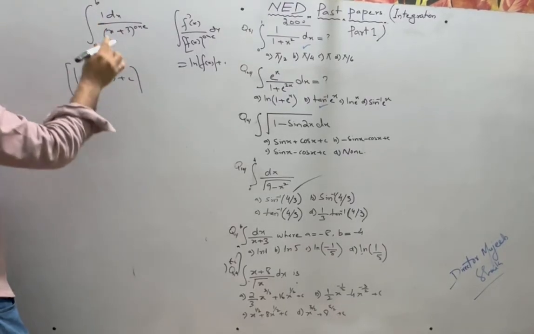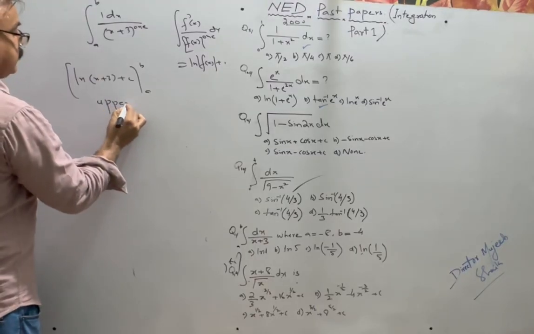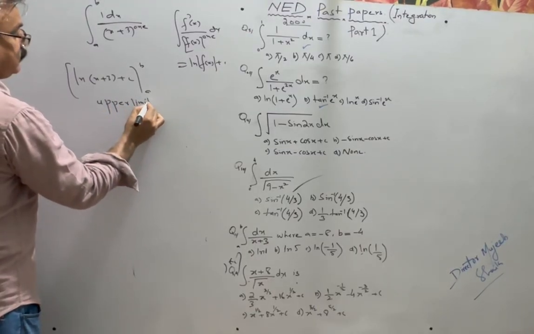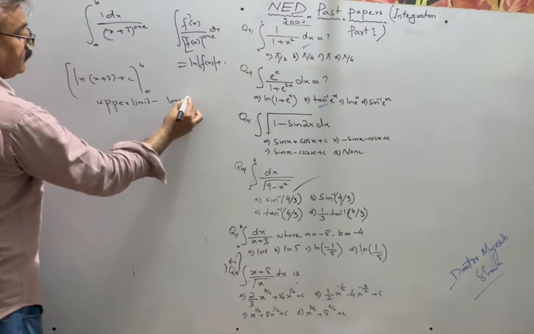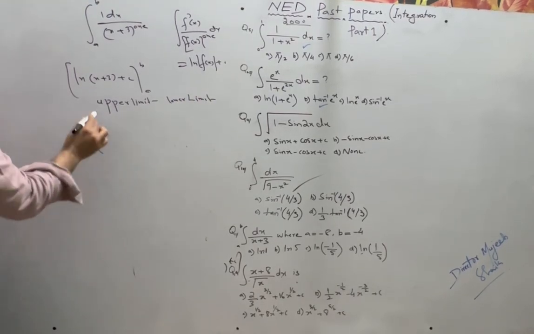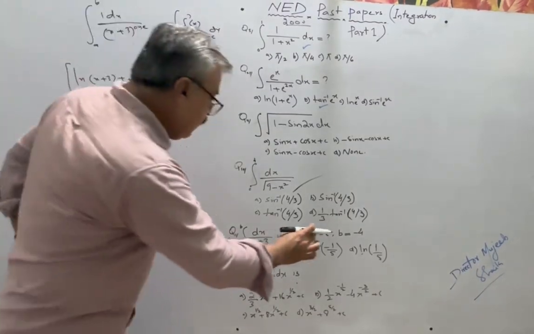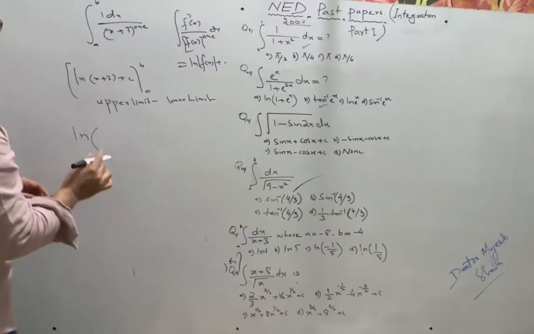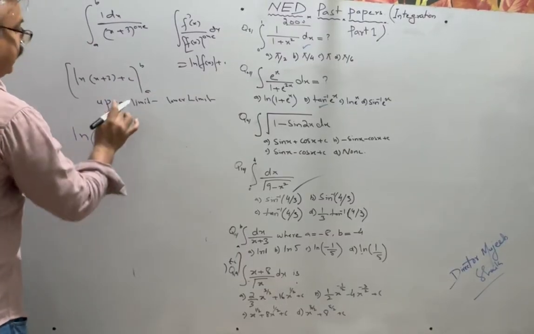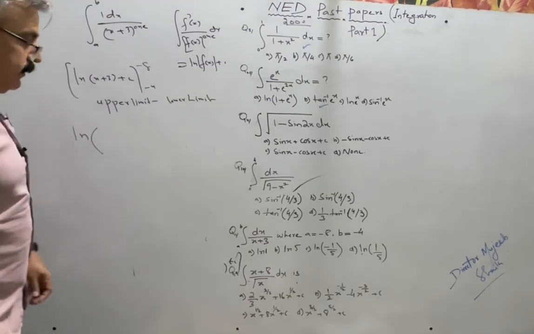Putting limits, upper limit minus lower limit. What is our upper limit? A and b are mentioned here. A and b are minus 8 and minus 4, if I'm not wrong.